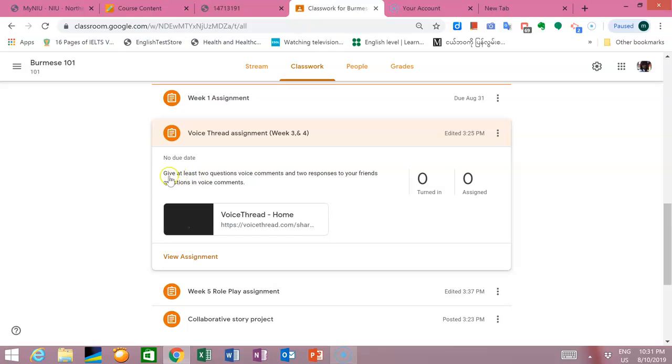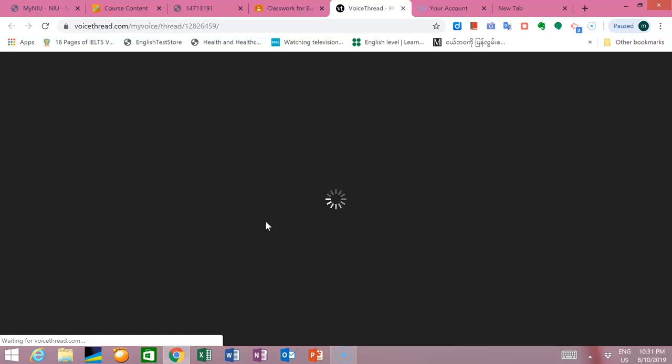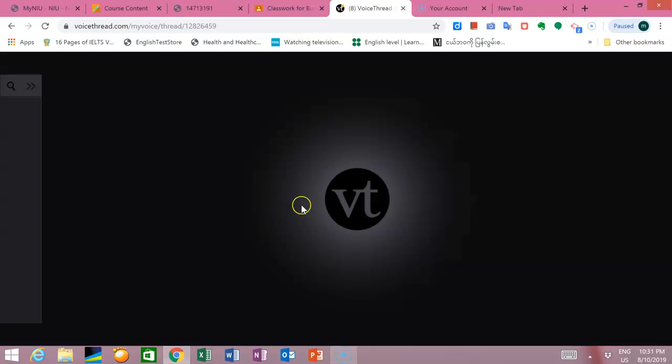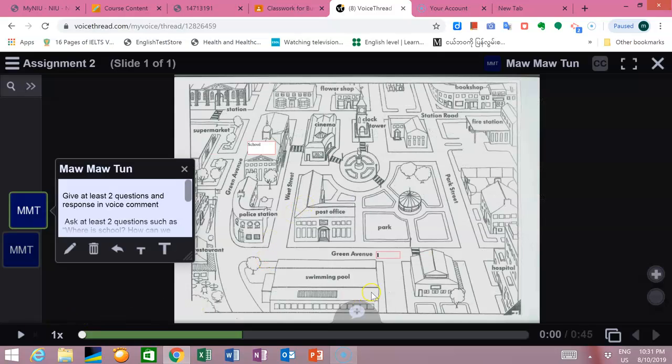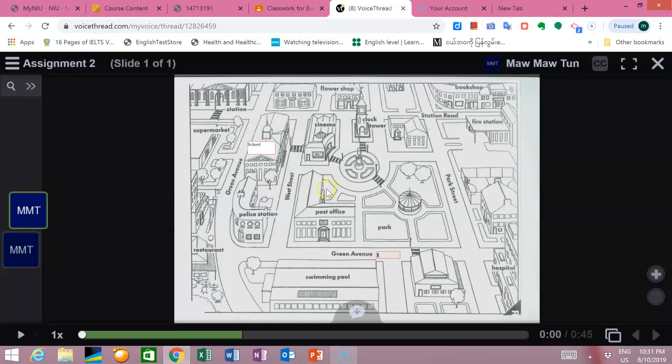They have to give voice comments and responses to different questions, here about asking places, answering the questions, and asking and giving directions.